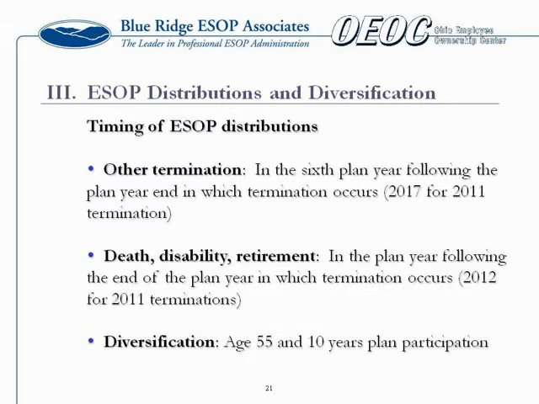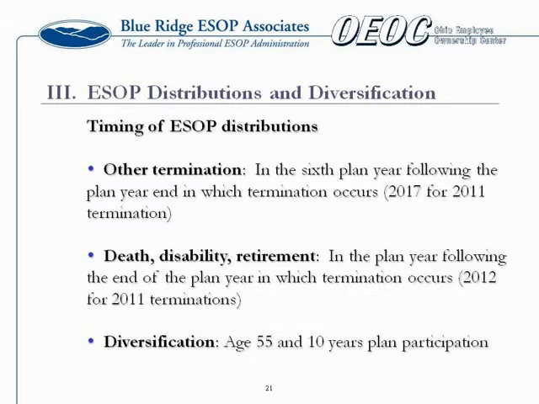And these are often made more lenient in a distribution policy. This is just your basic language that they have to occur by this time. And then our next option for distributions would be your diversification. This would be when you're age 55 and you've had at least 10 years of plan participation.